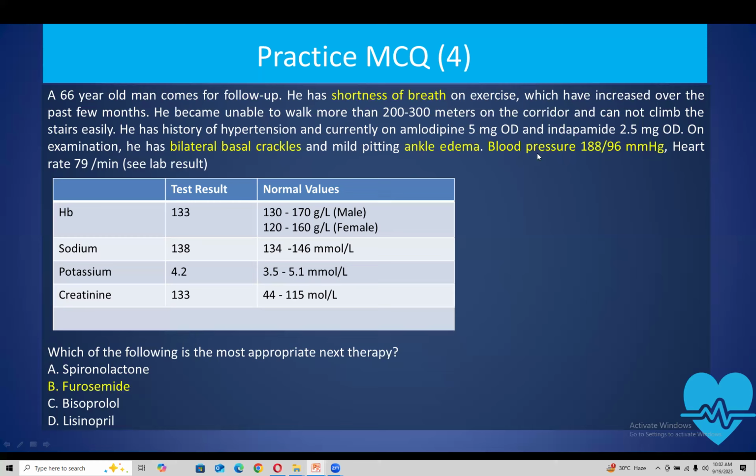The drug of choice for hypertension and heart failure is ACE inhibitors such as lisinopril, but we will not choose it here because our most important concern is volume overload. So our most appropriate next therapy will be furosemide to decrease the volume overload and then address the blood pressure.